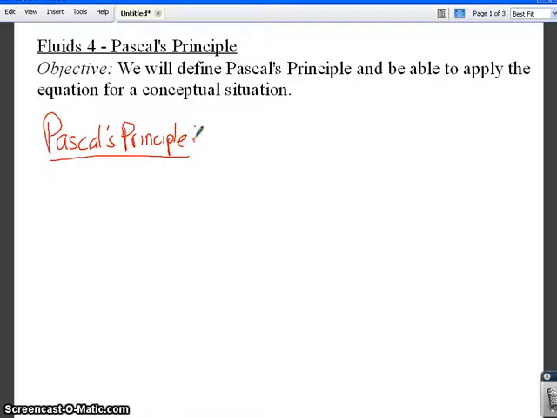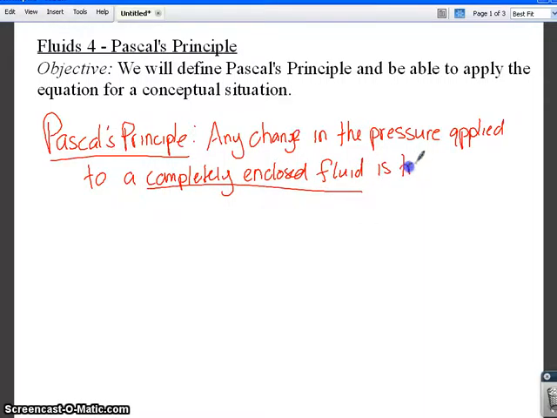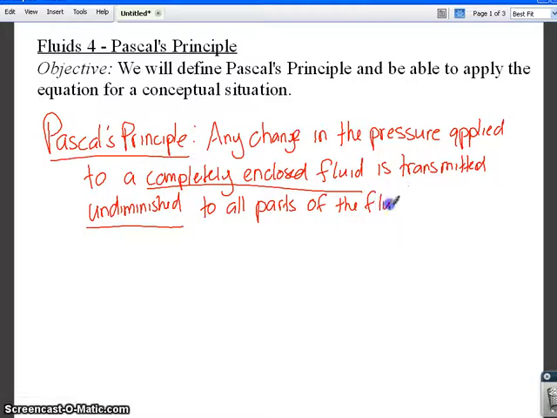Pascal's principle states any change in the pressure applied to a completely enclosed fluid, okay, that's a key point right there, completely enclosed fluid, is transmitted undiminished to all parts of the fluid and enclosing walls.